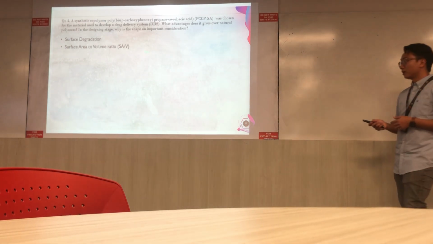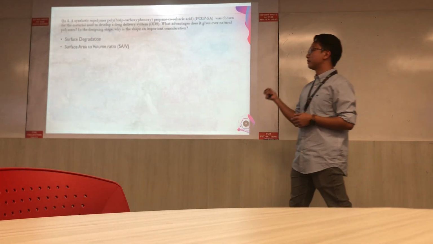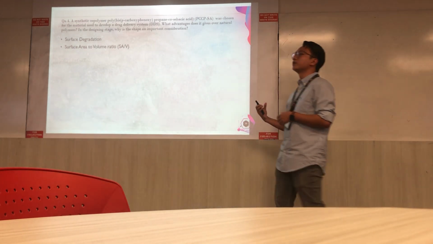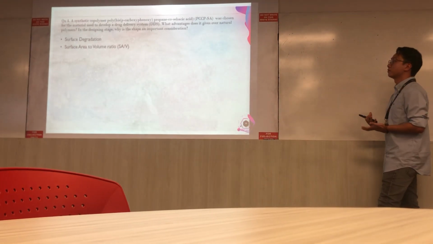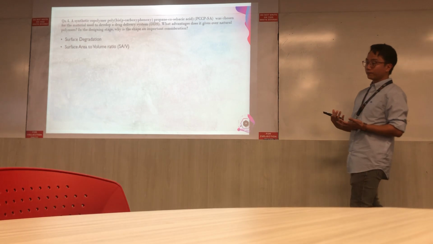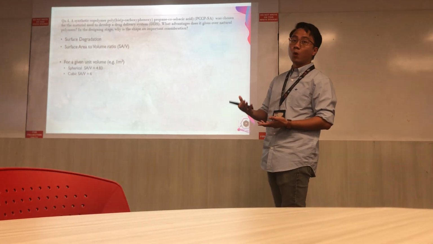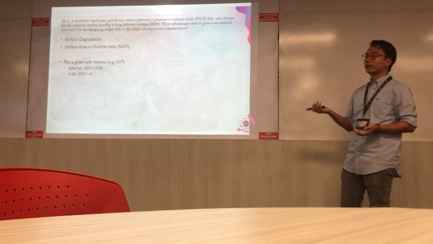How does it matter? Given the same unit volume, by just having a different shape, the amount of exposed surface area will differ. What do I mean by that? Let's say you look at a unit volume of 1 meter cubed.